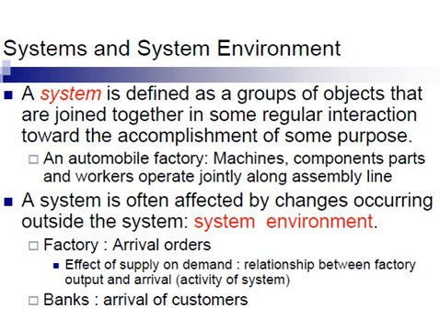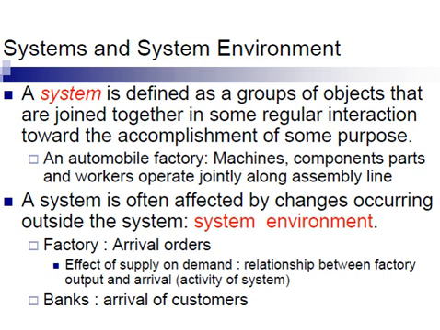Giving you an example of banks: arrival of customers is also a very key attribute. So arrival of customers could be my system environment, like at what rate customers are entering my bank, and what's the queue length, stuff like this.